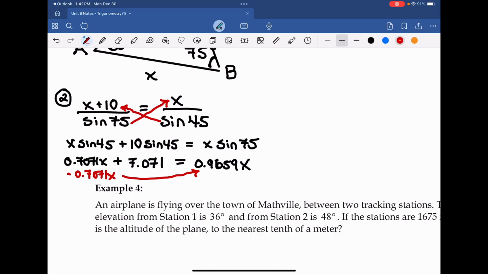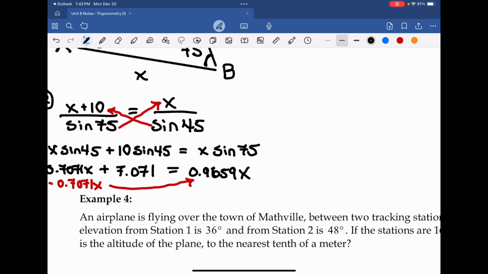Continuing this off to the side, when I have my x together, it gives me 0.2588x. When I take 0.9659 minus 0.7071, that is equal, on the other side, to 7.071.